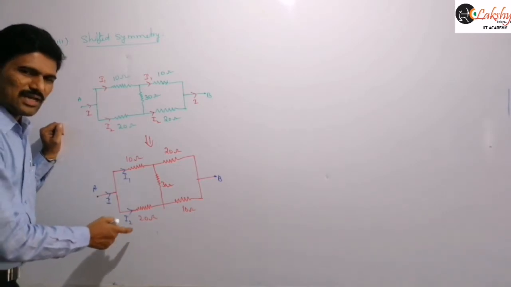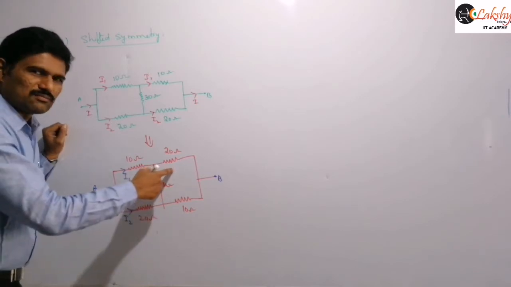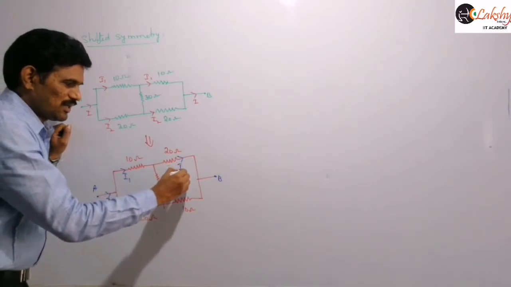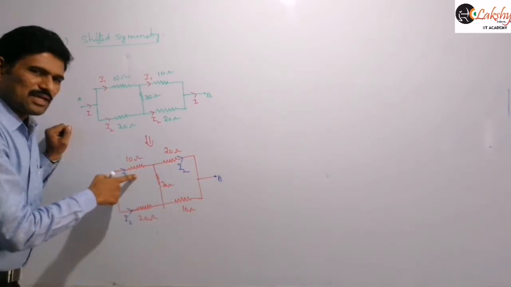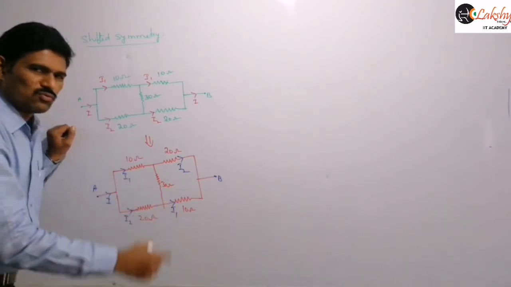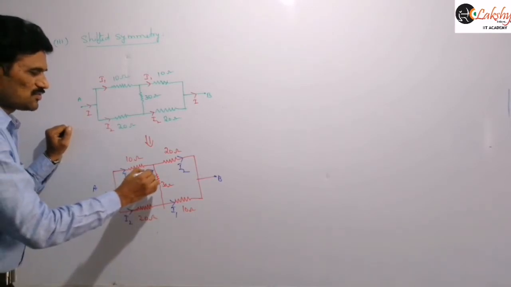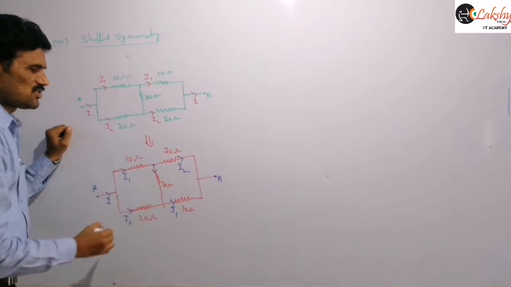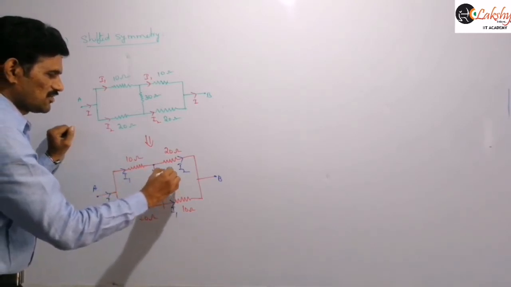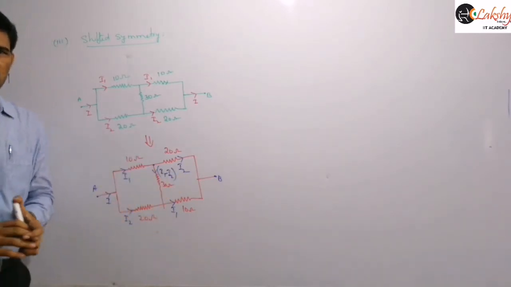If this current is I2, the same amount of current will flow here in the 20 ohms, and if this current is I1, the same current will flow here in the 10 ohms. Applying the junction law, I1 is coming and I2 is flowing like this, so I can take this current as I1 minus I2. That means some current is flowing in this 30 ohms.